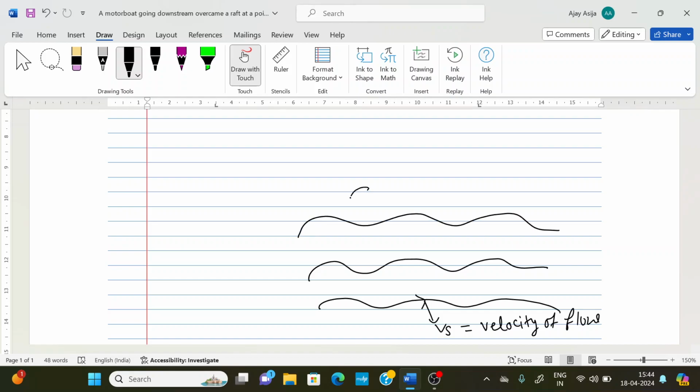Also, we have an object flowing in water. Now, this object will have two velocities depending upon the frame of reference. Consider in first case, we are observing the object from a frame of reference which is attached to the water.